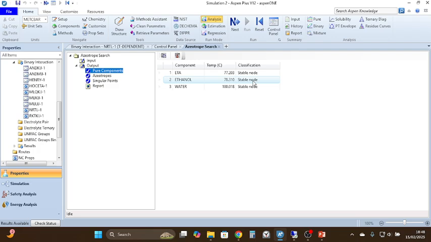Can anybody tell me what the meaning of a stable node is? What does this classification signify?